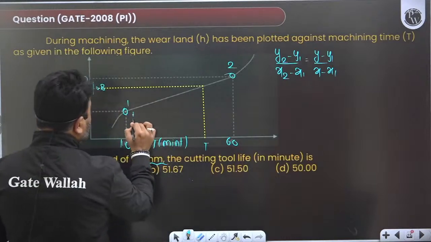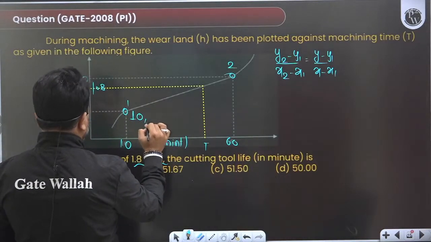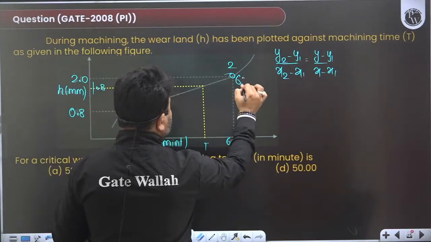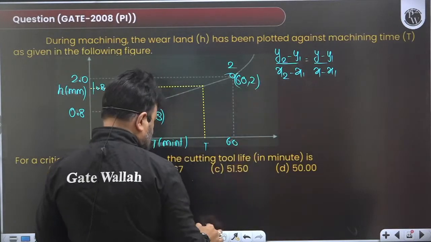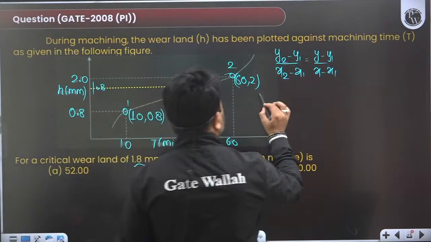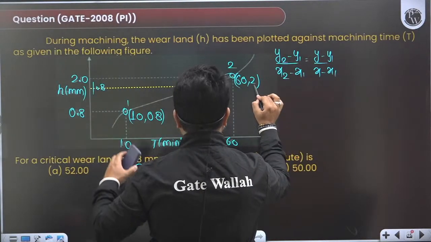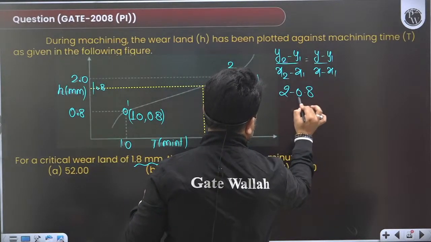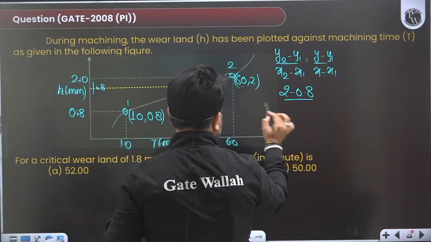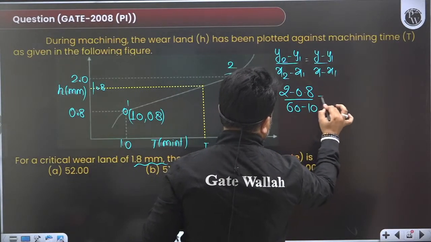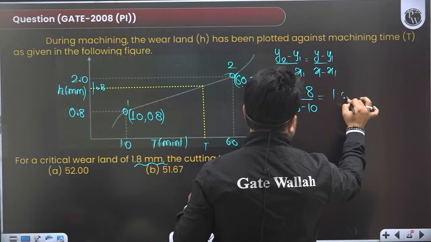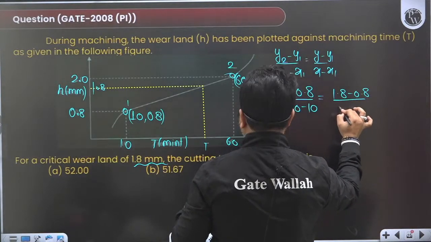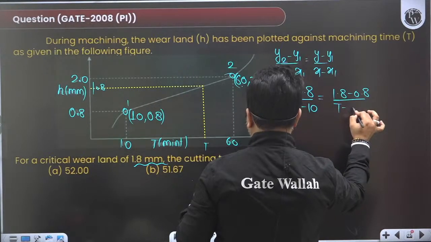This is basically 10 comma 0.8, and this is 60 comma 2, right? So here y2 minus y1, 2 minus 0.8, x2 minus x1, 60 minus 10, and y, that is 1.8 minus 0.8, divided by x, that is t, minus x1, that is 10.